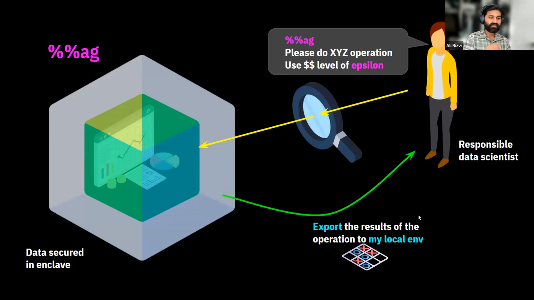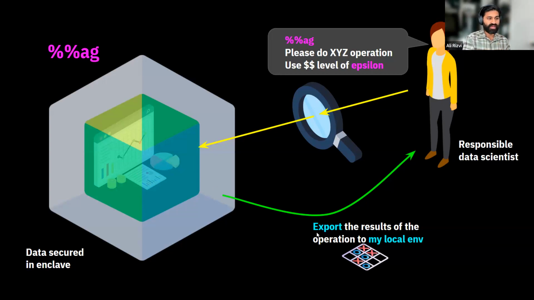And so the main important thing I want you to remember is that when you do percentage AG, that's basically your secure enclave interaction. So when you think secure enclave, think percentage AG, and any cell that starts with percentage AG is being executed in the secure enclave. Those functions are the private functions. They need some epsilon budget to be done.